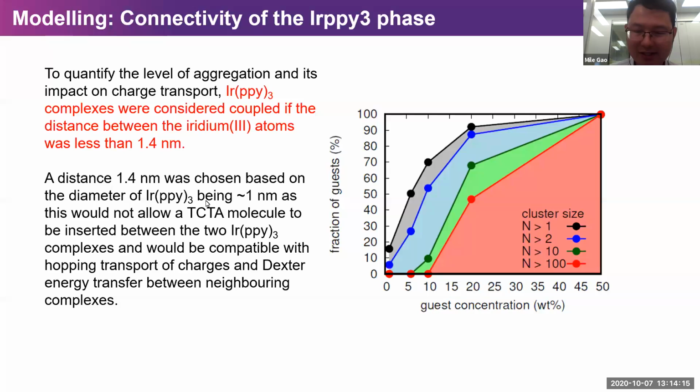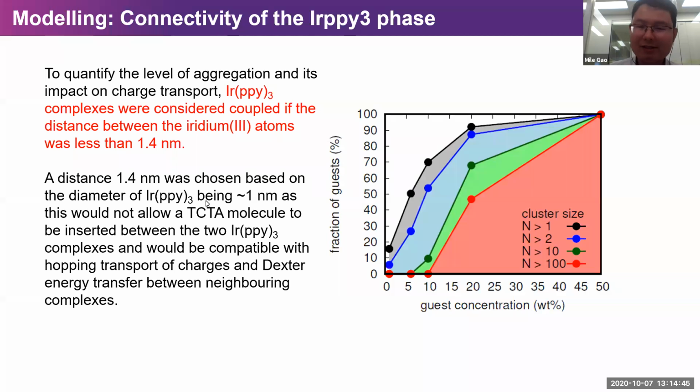And for the 20% blend film, fewer than 5% of the RP molecules are not part of a larger cluster. For 50%, we can see that almost all the RP molecules belong to a huge interconnected RP cluster, which forms a single large cluster.